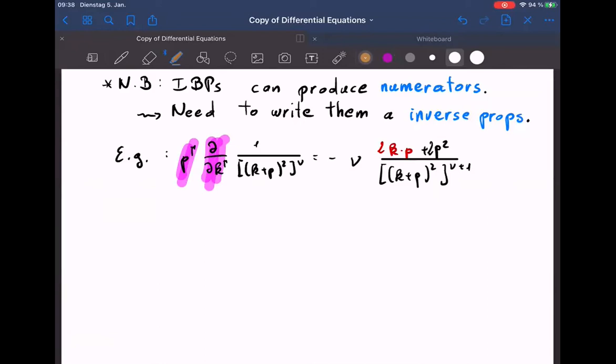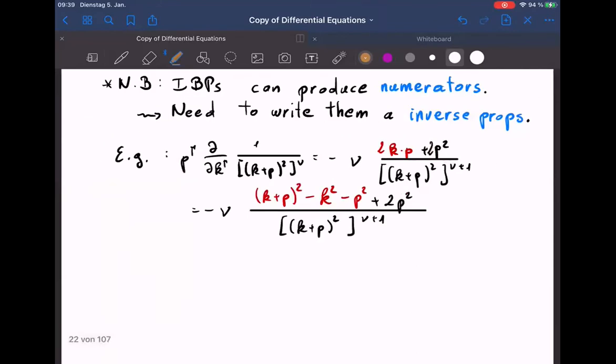And remember my convention, k's are loop momenta, p's are external momenta. So the p is an external momentum here in my sketchy notation. So the p squared is constant, has nothing to do with the integral. So this is harmless. This is a constant that goes out of the integral and doesn't do anything anymore. The k dot p, however, depends on the loop momentum. So that is something that really sits in the integral. And it's not something that I had on the left-hand side where the numerator was unity.